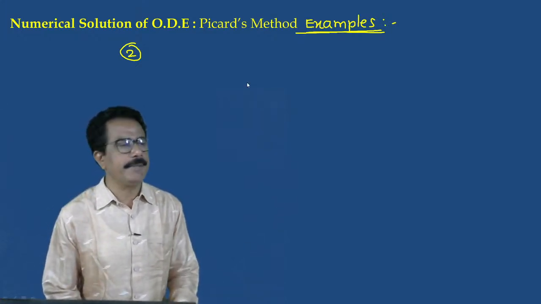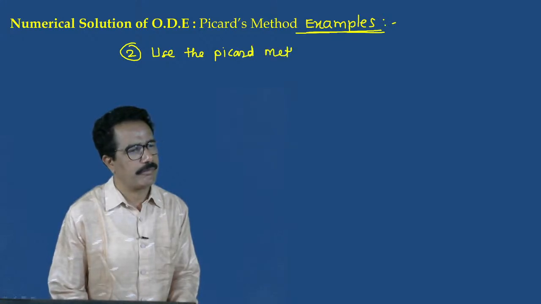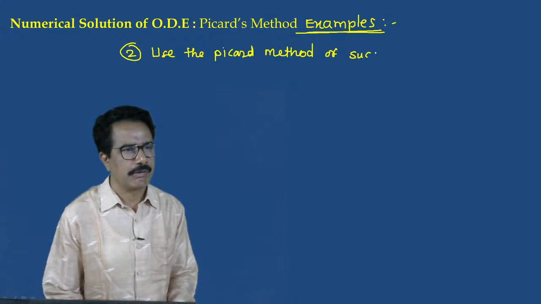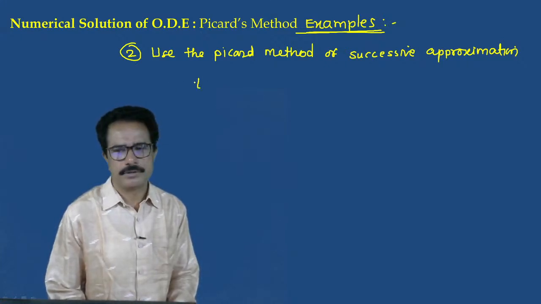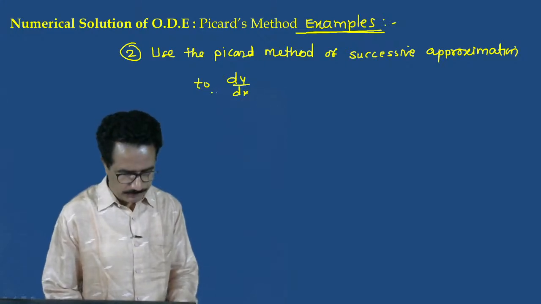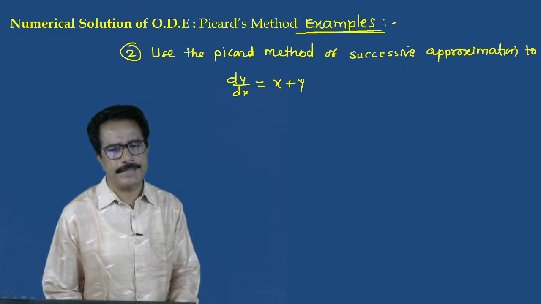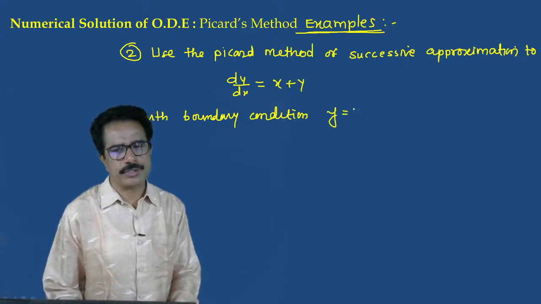Use the Picard method of successive approximation to evaluate dy by dx equals x plus y with boundary condition y is equal to 1 when x is equal to 0.